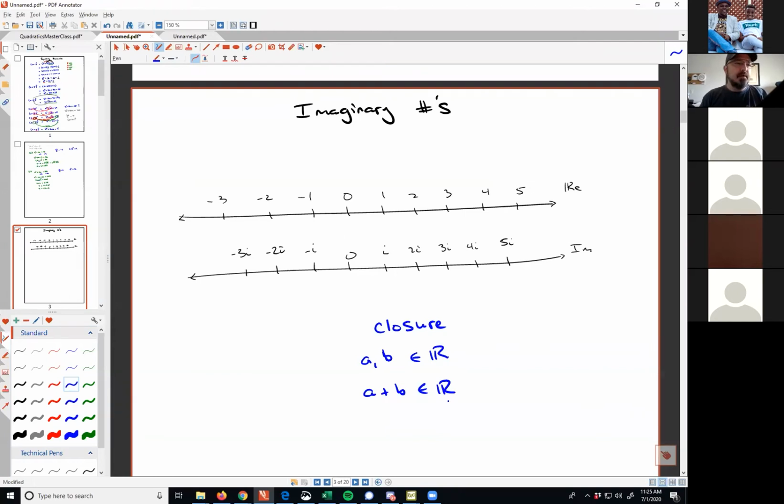So tell me, are the imaginary numbers closed under addition? Yes. True. Are they closed under subtraction? Yes. True. Are they closed under multiplication? Yes. No. Oh, we have an argument. If the answer is no, what is a counterexample?